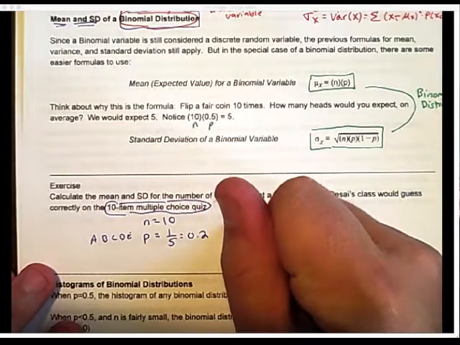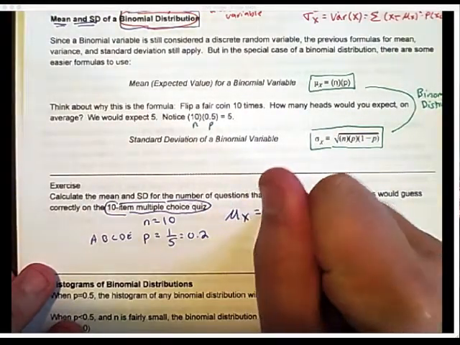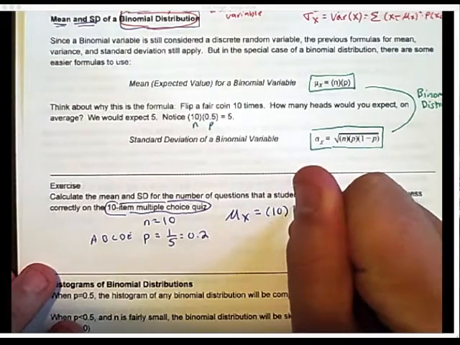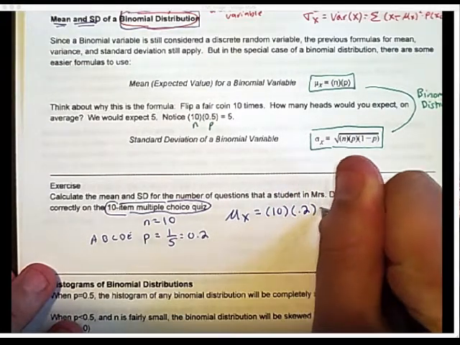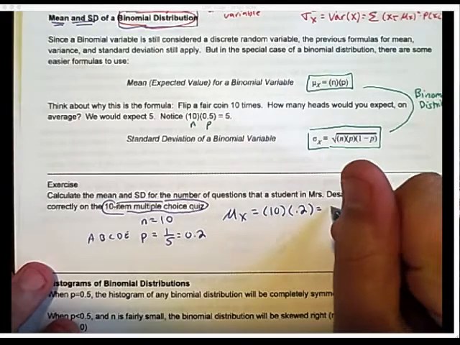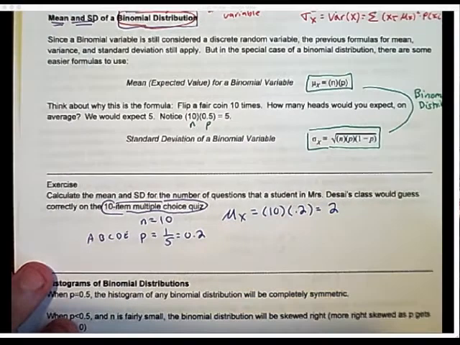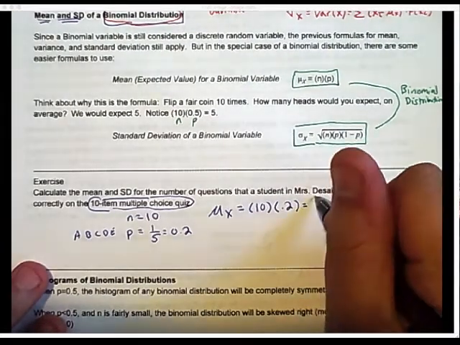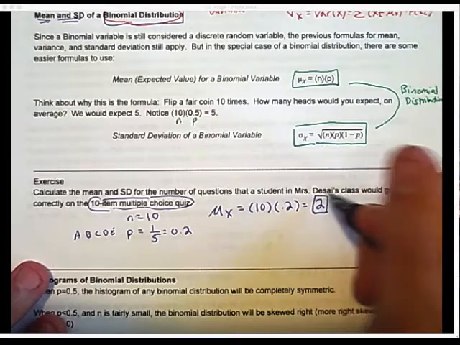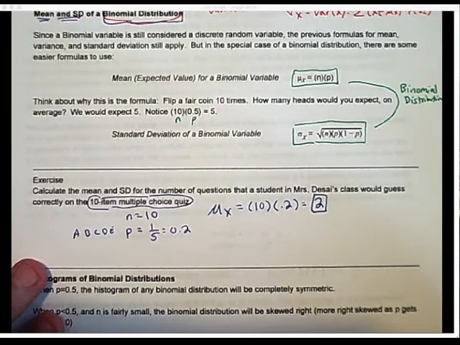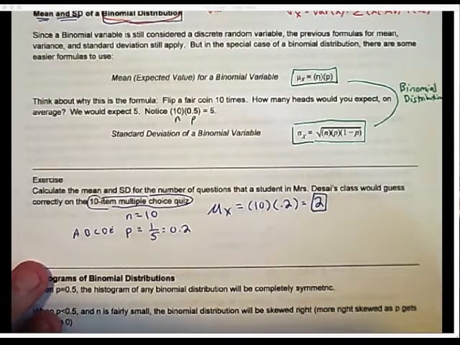To find the mean, all we do is take 10 times 0.2, which is 2. On average, we would expect a student to get 2 correct just by guessing. So we found the mean.